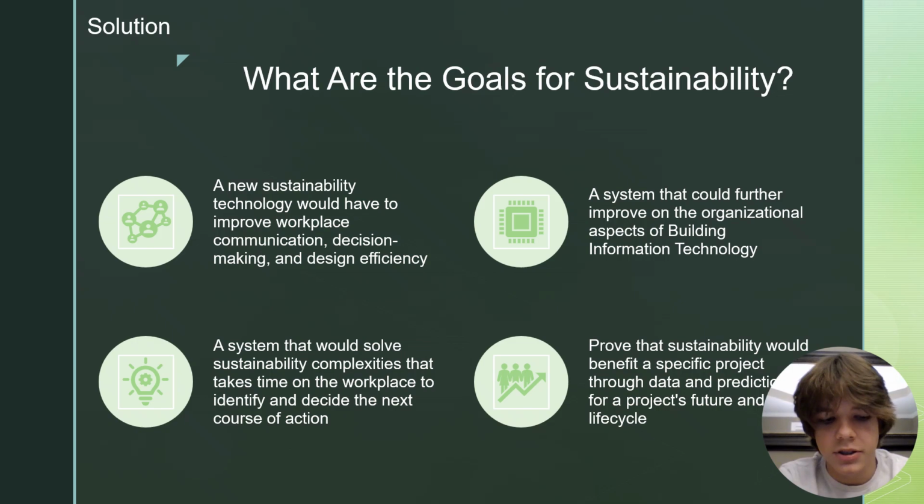Lots of times, sustainability systems are put because of the inexperience of the workers or the new systems. As sustainability grows, it makes more complex situations for workers. You can also improve the organizational aspects of BIM.